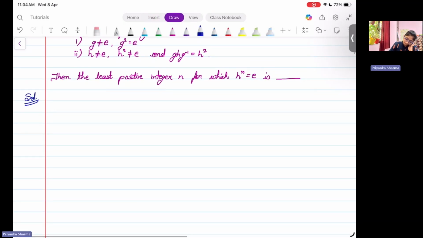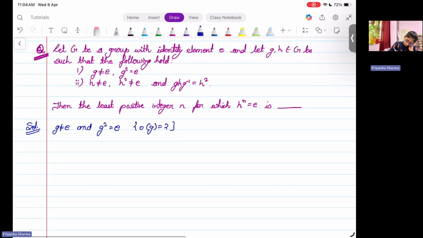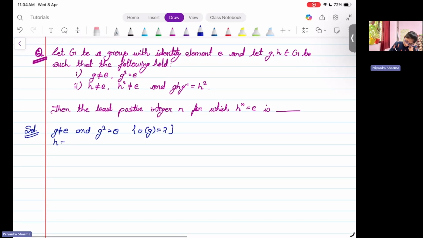Let's solve it. Here it is given that g is not equal to identity and g square is identity. This means the order of g is 2. And h is not equal to identity, h square is not equal to identity, that is, the order of h will be greater than 2.